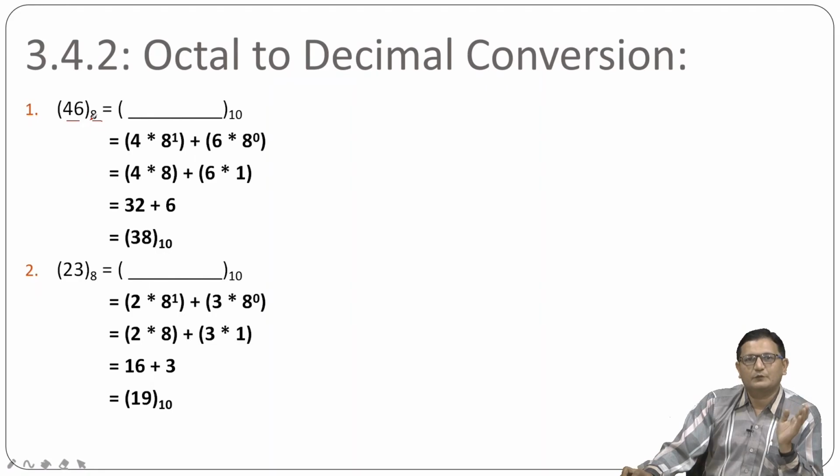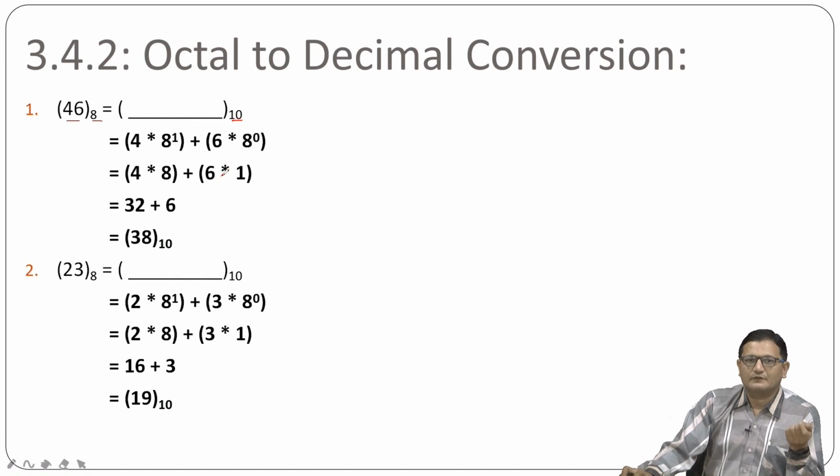Now suppose we want to convert it into the decimal, right? In the previous example we took a decimal number and converted it into the octal number. But now in this particular example you have an octal number and you are converting it into the decimal number, right? So here fill in the blanks is there and 10 is given, meaning you just need to convert this number into the decimal form.